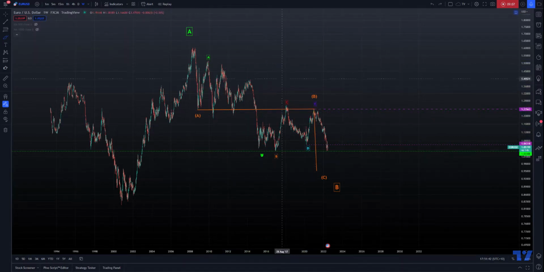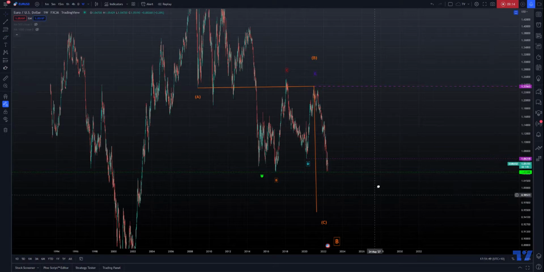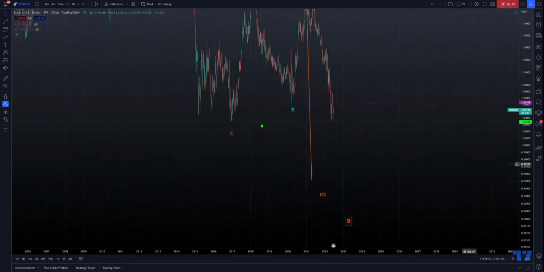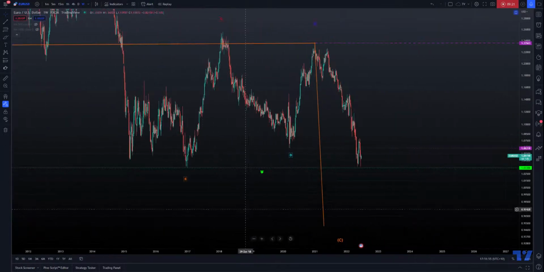So yeah, at the moment we have not seen a low to confirm that this move down in the euro is complete, right? Because it hasn't made a low that goes below that January 2017 low in the euro. It has become very close, but I do believe there is still a little bit more downside.